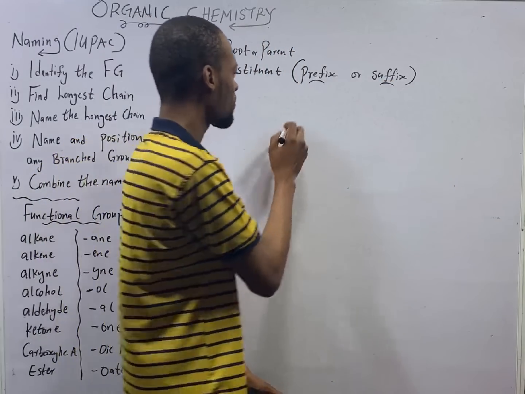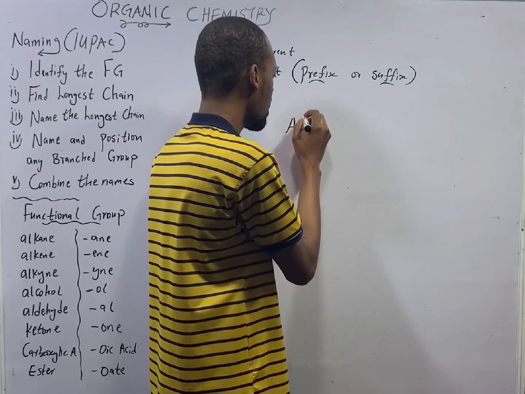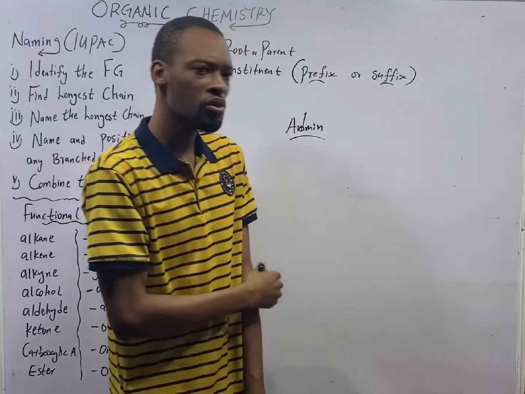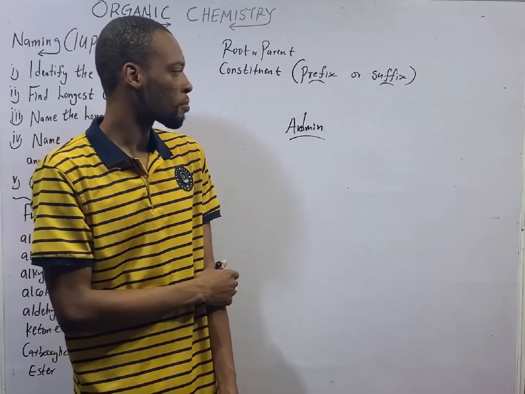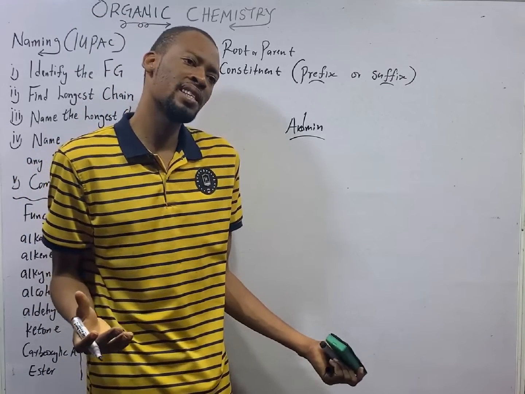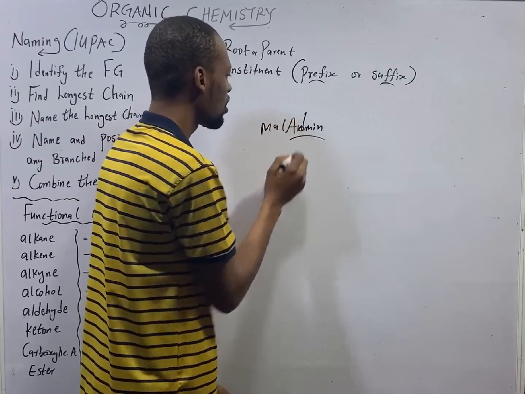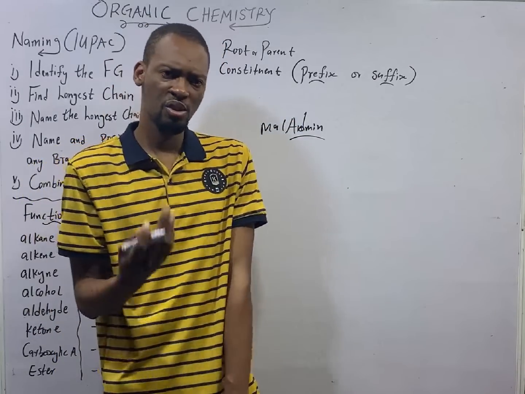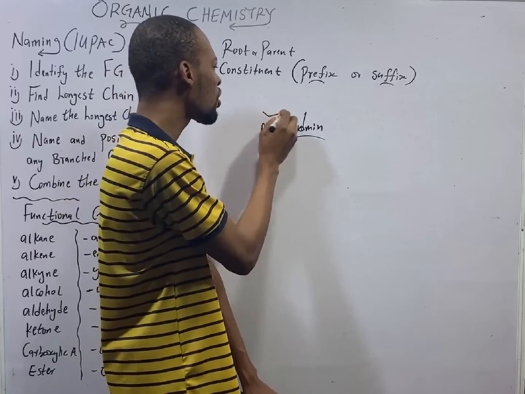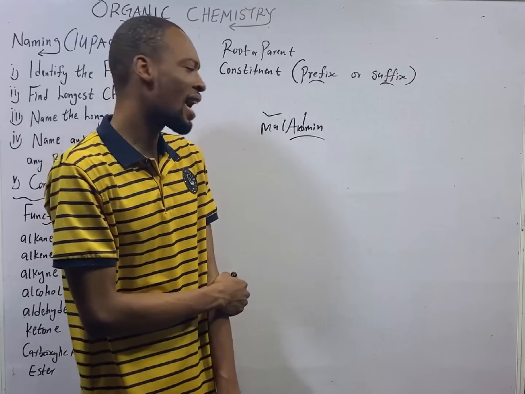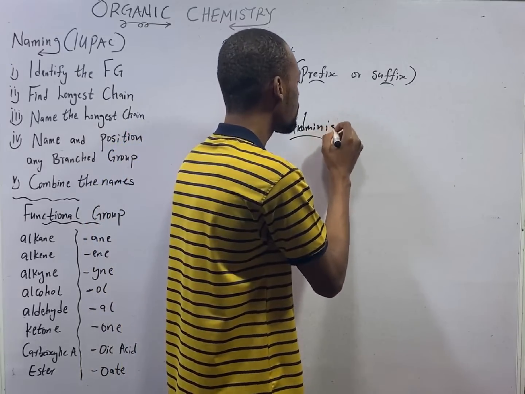If I say "admin," this is a root word. How about I say "maladmin"? You see that we have a word coming before the root word. How about I add "administration"?